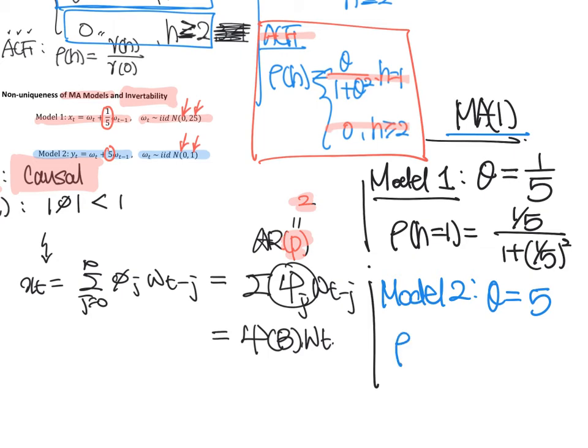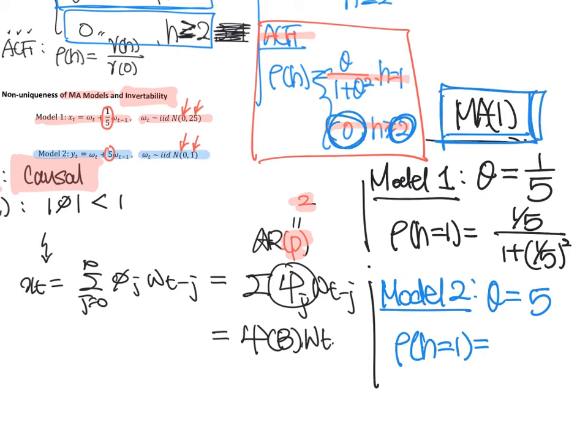So in model number 2, the ACF when h equals 1, we don't have to take h equal 2, 3, 4, 5 because for the MA1 model, the ACF for h bigger than or equal to 2 is always nothing. So we just take only the case h equals 1 here and h equals 1 there.